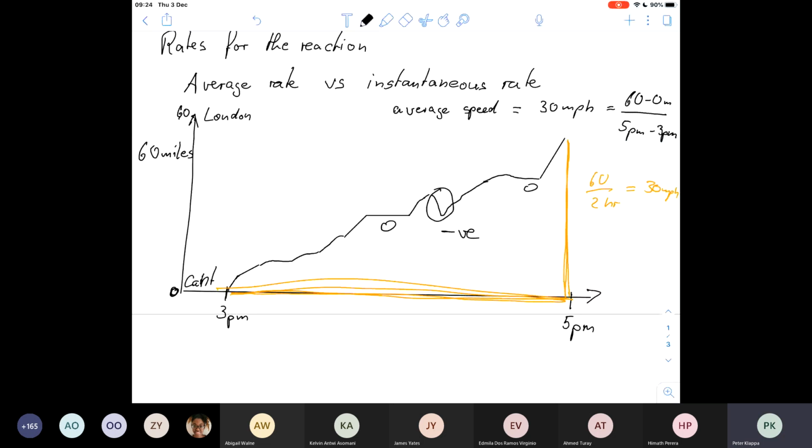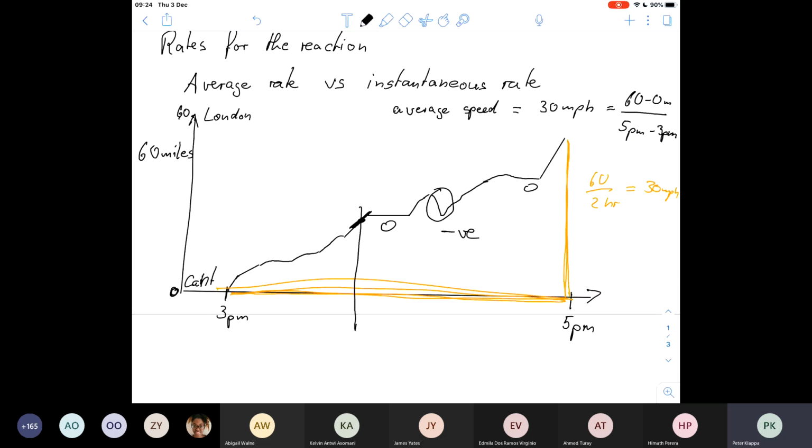How do we actually find the speed that we drove at this time point here? How do we find the speed at this time point? What we need to do in order to find this speed is basically produce the tangent of our speed at exactly this point.